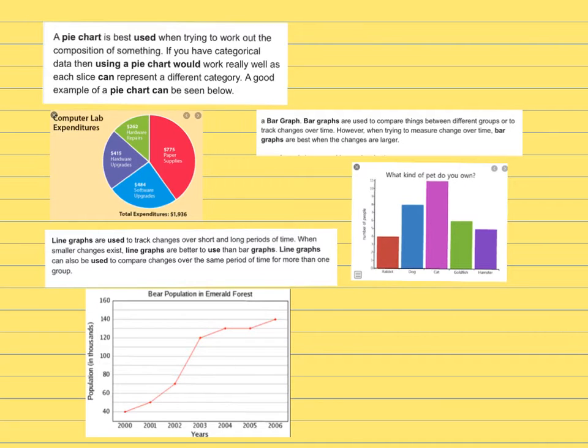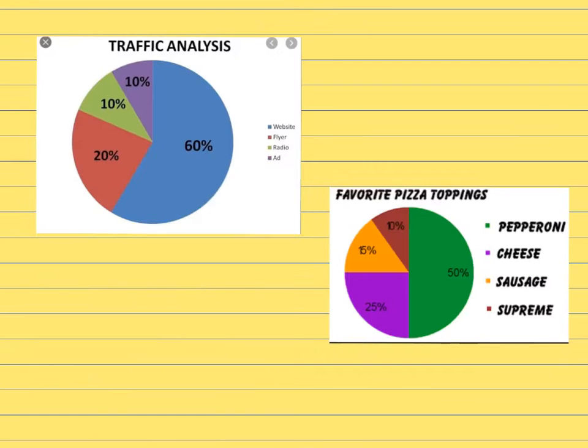What are the graphs that we're gonna use in class? Mostly bar graph when we are comparing, and line graph when we are trying to establish a relationship between the two variables.